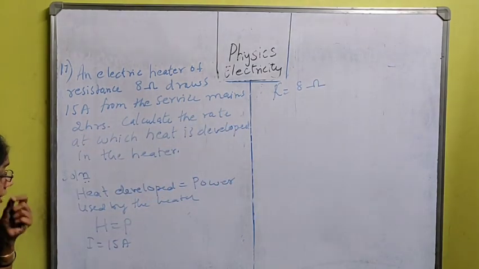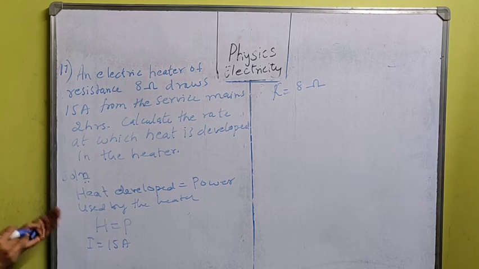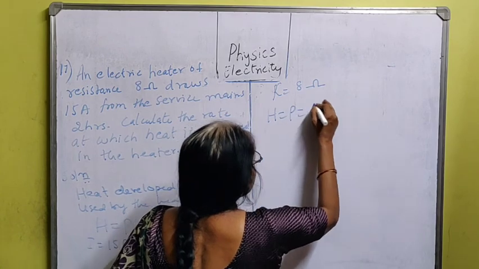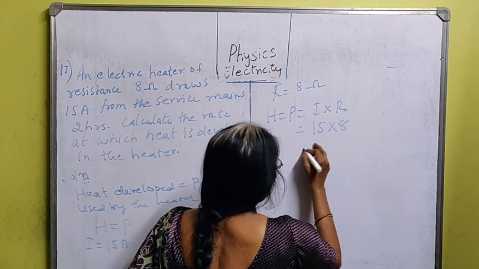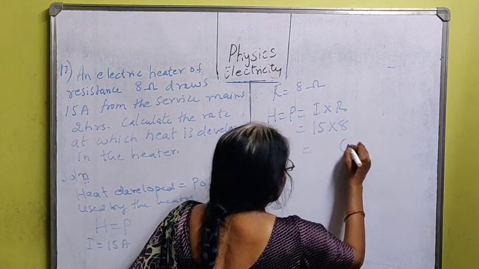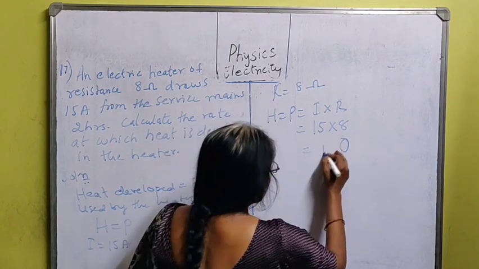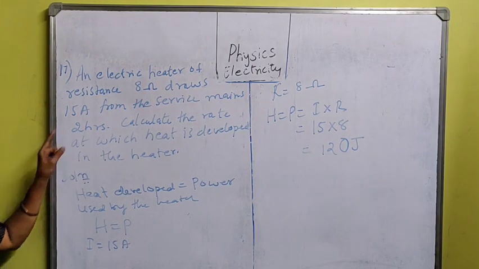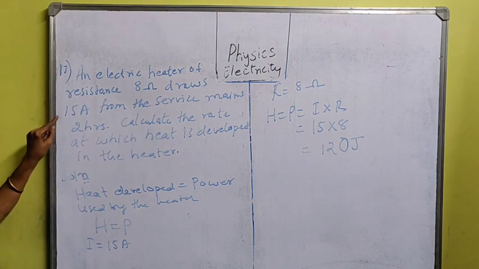And we have to find out what is the power. Power is nothing but the product of the current and the resistance. So H is equal to P is equal to I into R is equal to 15 into 8. 8 5s are 40, carry 4, 8 1s are 8, 9, 10, 11, 12. So 120 joules of heat is produced in this particular electric heater having resistance of 8 ohms and drawing a current of 15 ampere.